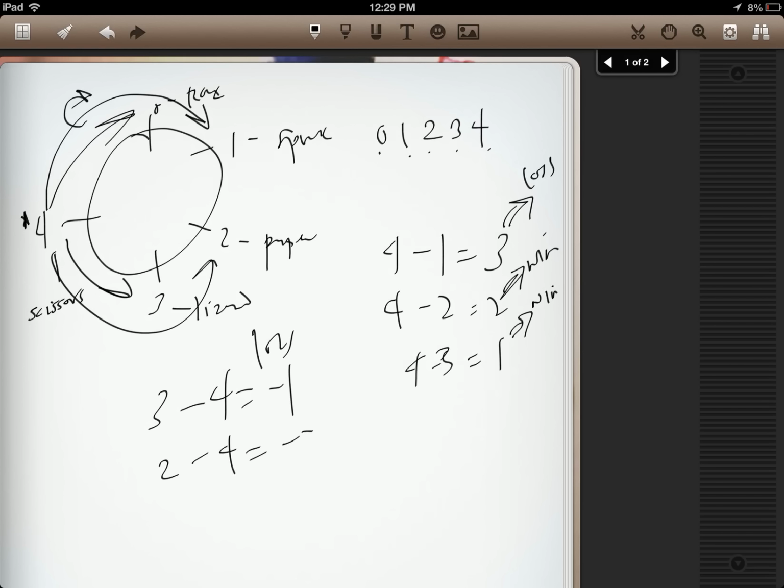We get a -2, which is a loss. Meaning if we pick paper and we match it against scissors, we get a -2 value, and paper loses to scissors, so it's a loss. And if we get 1 and 4, we get a -3, which is a win. And same goes for 0 and 4, we get a -4, which is a win.